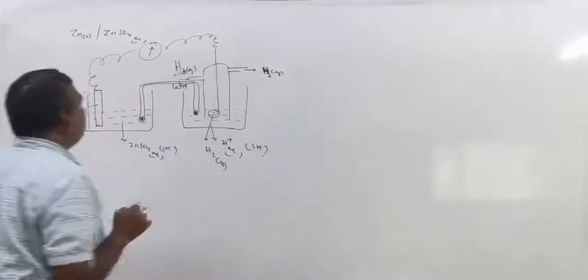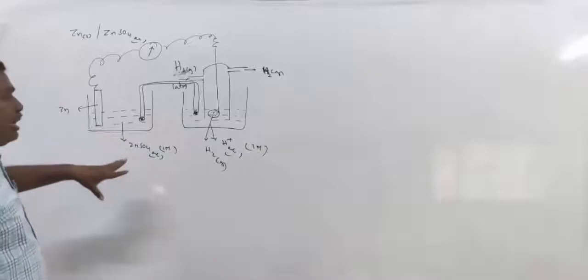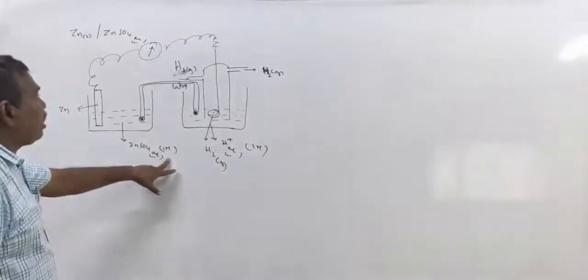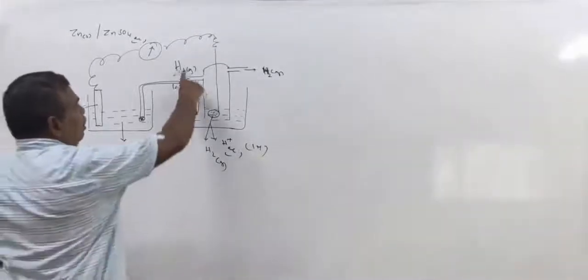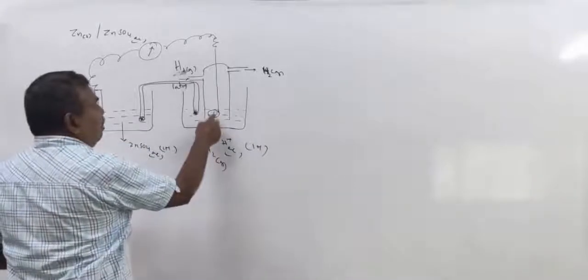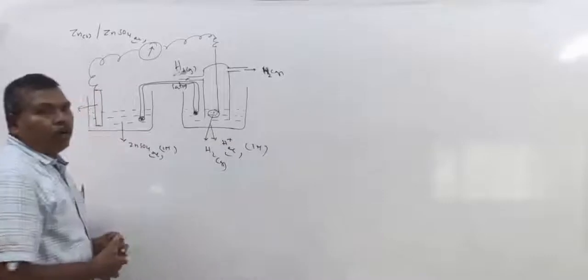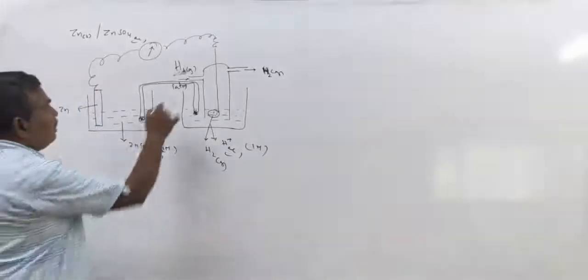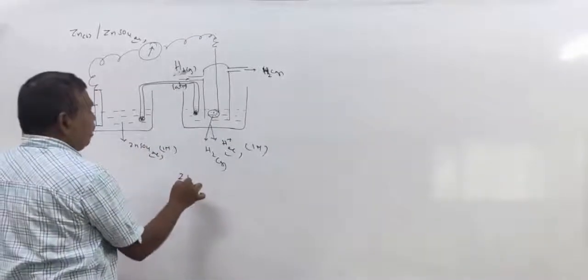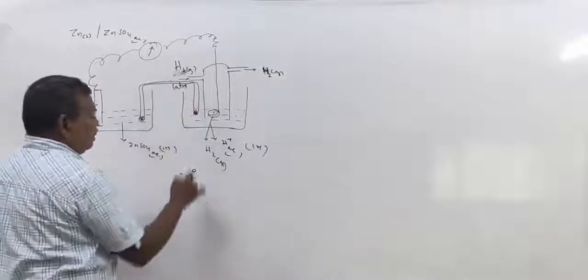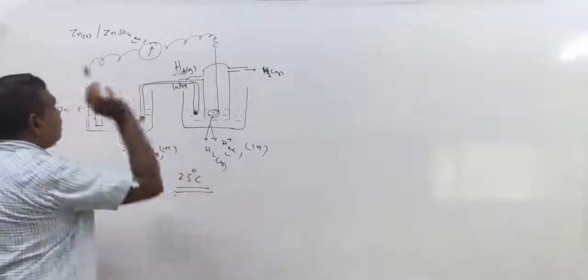So here what we did, this is a Zn rod dipped in ZnSO4 solution of 1 molar concentration. Here hydrogen molecules are in contact with hydrogen ions of 1 molar solution. This is at 1 atmosphere pressure and 25 degrees Celsius temperature.